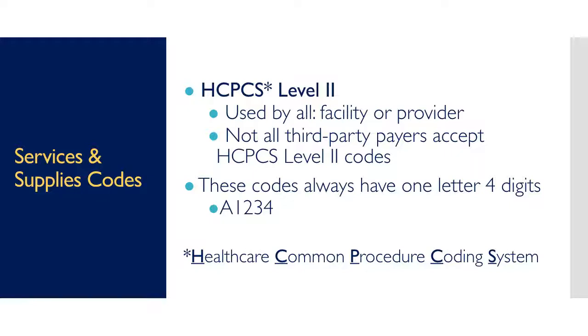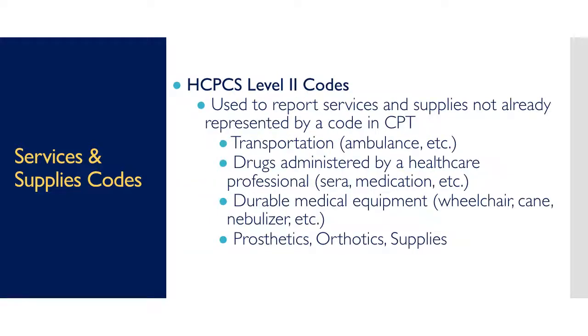It will be used by either the facility or the provider, and these codes always have 1 letter to begin with and always 4 numbers, always together, no dots, no dashes, no anything. HCPCS Level 2 codes report things like transportation, for example, ambulance services, drugs administered by a healthcare professional, what was in that syringe or that IV bag, and durable medical equipment, such as a wheelchair or a cane, as well as prosthetics, orthotics, and supplies.